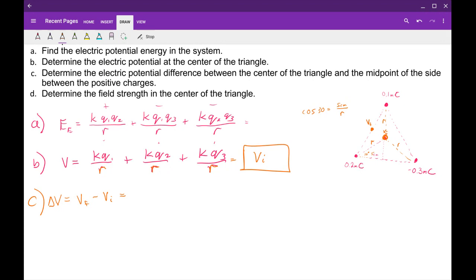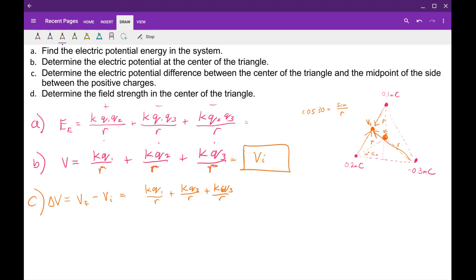V final would be kQ1 over R plus kQ2 over R plus kQ3 over R, but the issue is the R's would be different. One of the R's would be 5 centimeters, the other R would be 5 centimeters, and the other R would be this value here, which you would have to figure out.